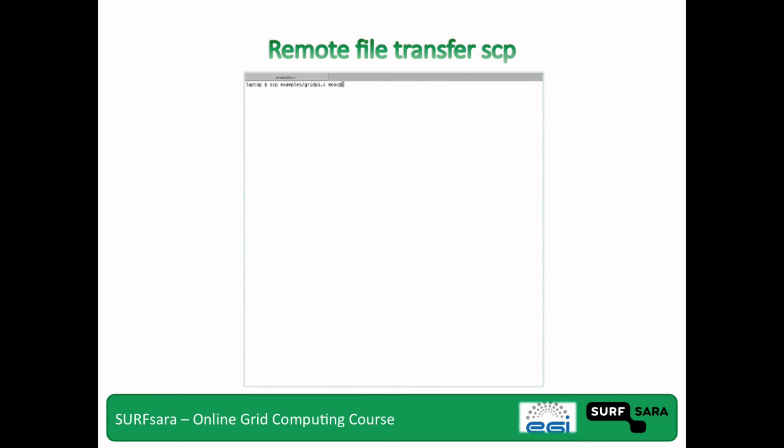We're going to copy the gridpy.c program to the remote machine, which is our user interface machine here at SURFsara. So again, give the same credentials as we've done before. Basically, let's log into the machine to inspect what we've just transferred.